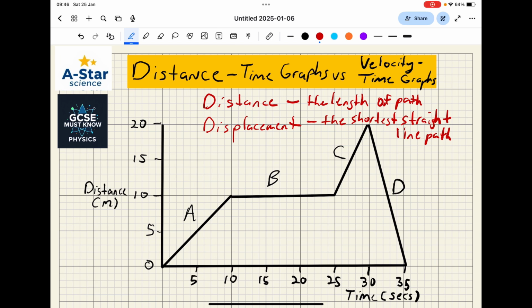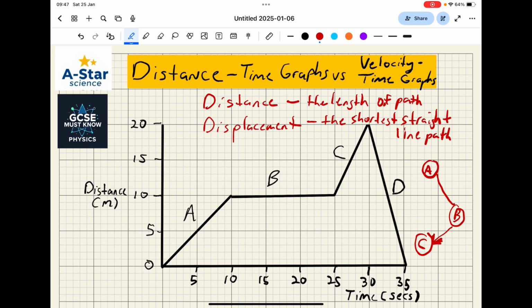So for example, if I put an object here, A, and then I put another object here, B, and one more, C, and someone traveled from A to B to C, finally ended up at C, that would be the distance.